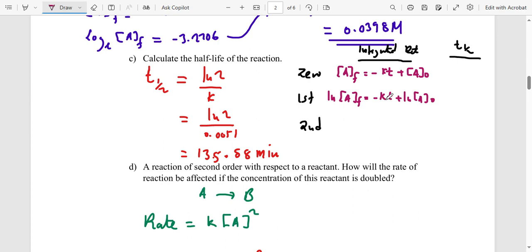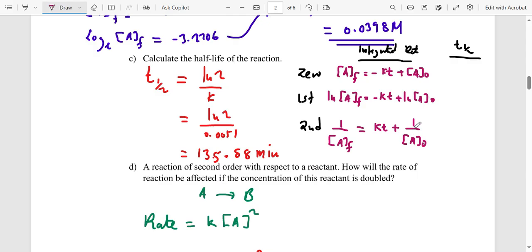And another thing is that the gradient is going to be positive. So it is 1 over final concentration is equal to positive Kt instead of negative, plus 1 over the initial concentration. So you need to know these rate laws.